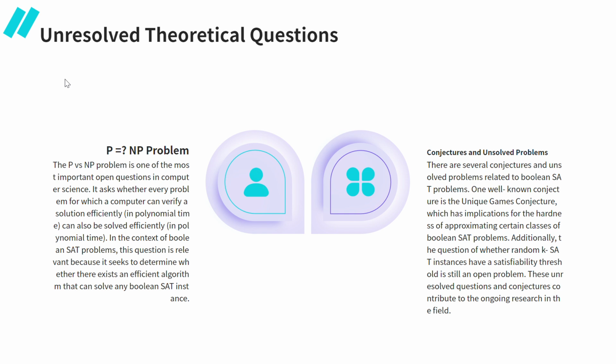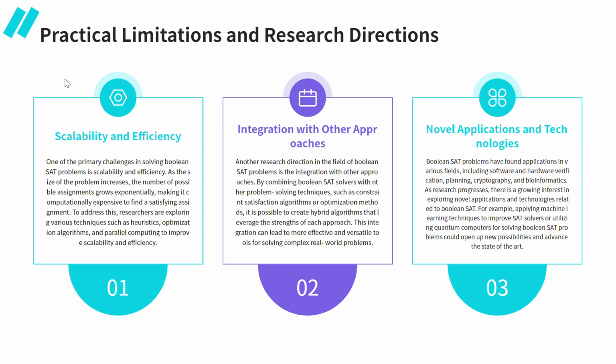One well-known conjecture is the unique games conjecture, which has implications for the hardness of approximating certain classes of Boolean SAT problems. Additionally, the question of whether random k-SAT instances have a satisfiability threshold is still an open problem. These unresolved questions and conjectures contribute to ongoing research in the field.